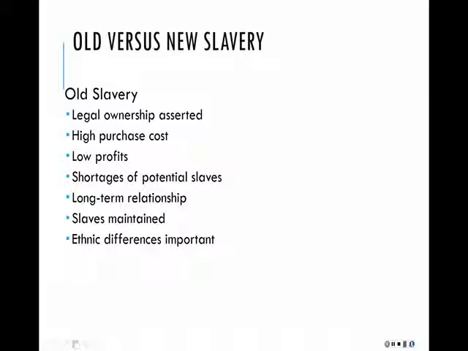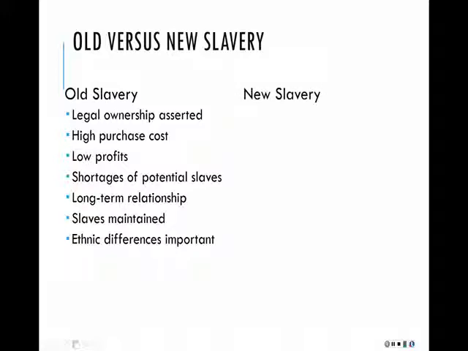There is a potential for the shortages of slaves under old slavery, particularly after the British started to enforce the ban on the slave trade. In the old slavery, there was a long-term relationship between the slave and the slave owner, and so there was this effort to maintain the health of slaves. And the ethnic differences or the racial differences was key.